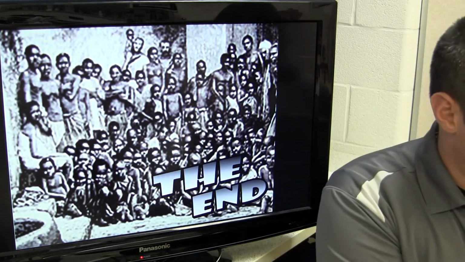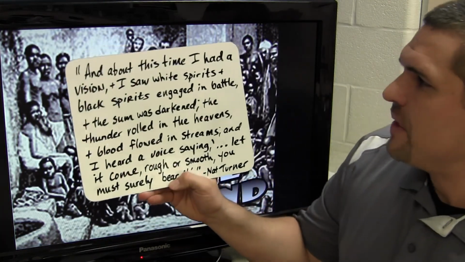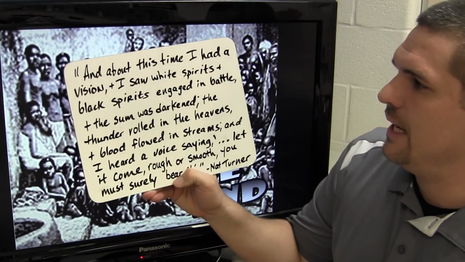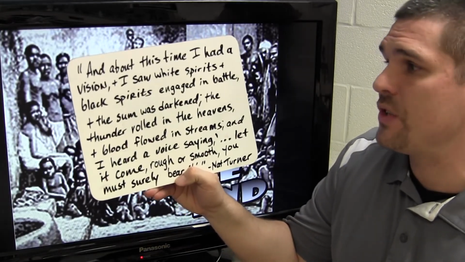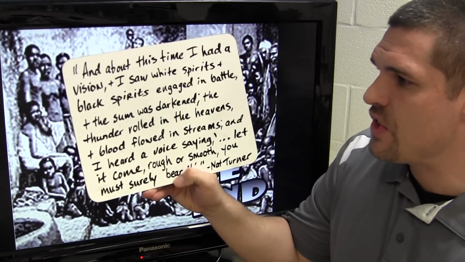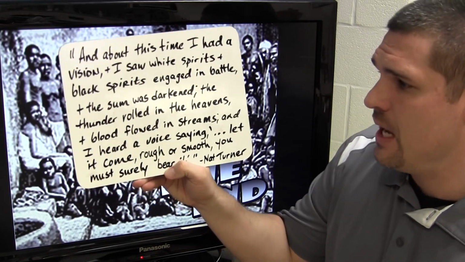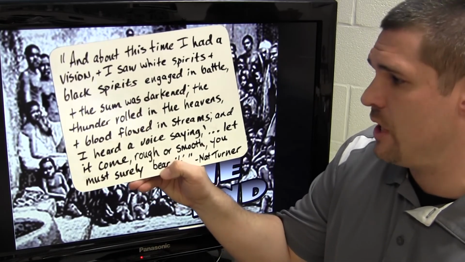I have a quote from Nat Turner that I think would sum up what he thought was his mission. The quote goes like this: "At about this time I had a vision, and I saw white spirits and I saw black spirits engaged in a battle, and the sun was darkened. The thunder rolled in the heavens, and blood flowed in streams.